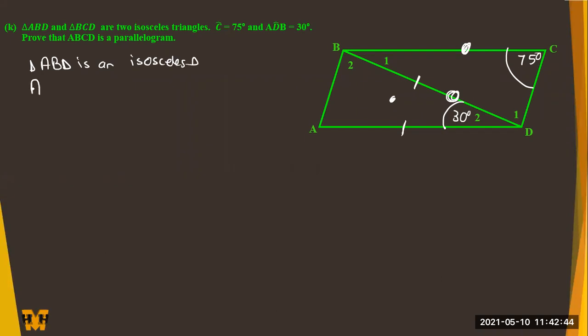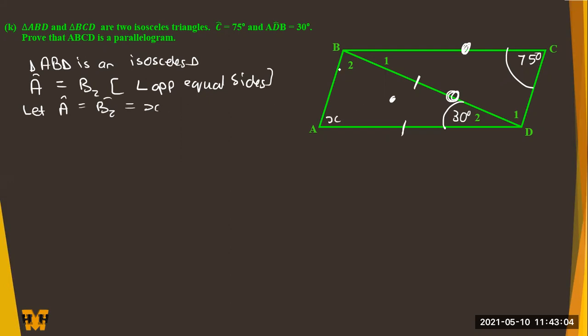And I'm going to say angle A is equal to angle B2 because it's angles opposite equal sides. I like to work with X. I'm going to say let angle A be equal to angle B2 is equal to X. So that's an X now, and this is an X. And then it's so much easier to just work with interior angles of a triangle.